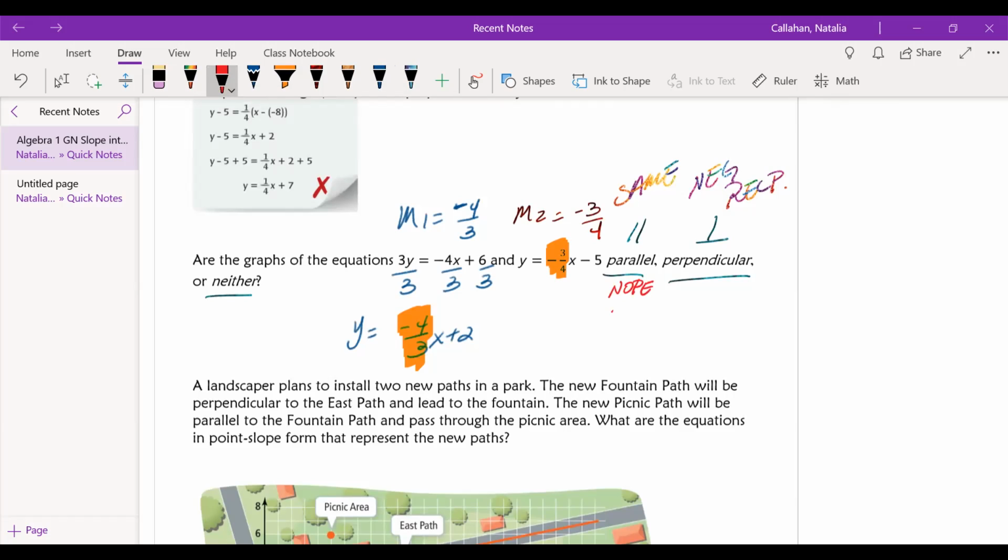So it is not parallel. Are they perpendicular? Well, that's easy to see. If I take this and I flip it over and put a negative sign to it, what's opposite of a negative will be positive. Is that the same as my second slope? Nope, not perpendicular. So in which case, what is my answer? It is neither.